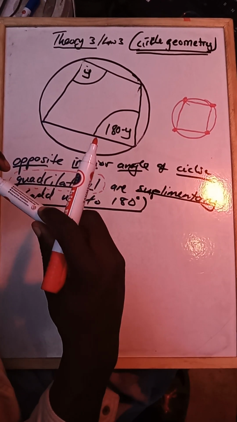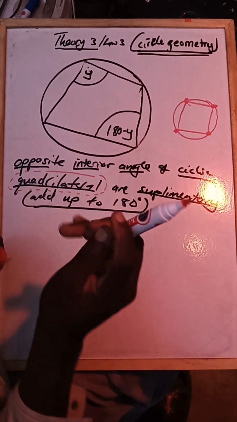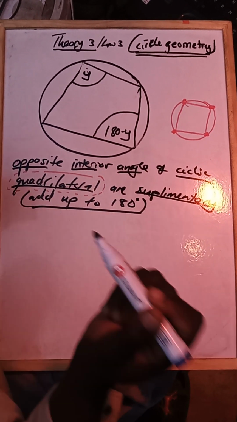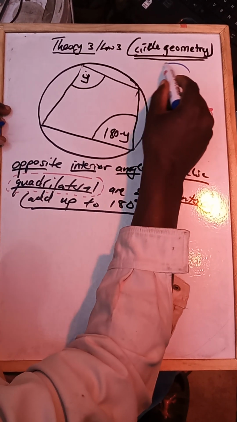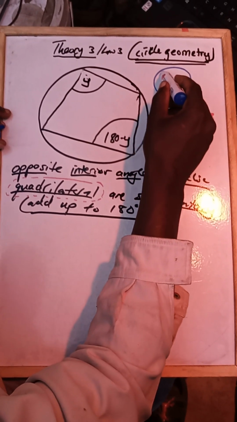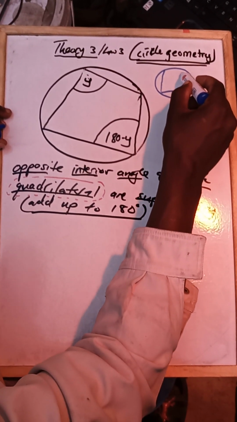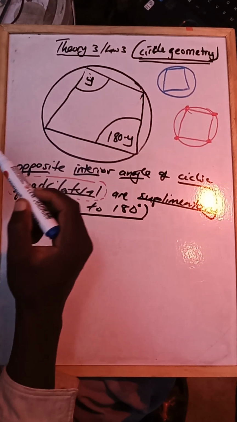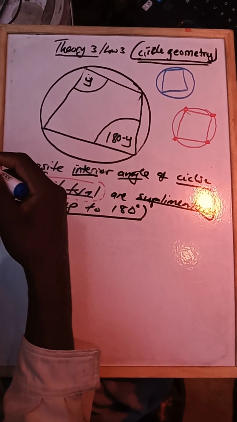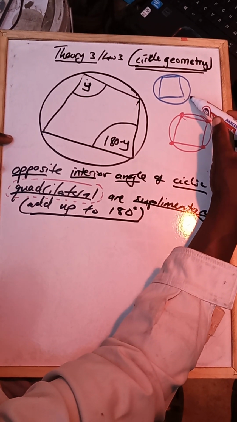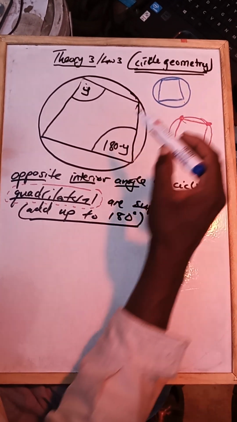Let's take an example, because one of the most common errors we make when answering this is in how it will be given. This one is not a cyclic quadrilateral, because the other corner doesn't touch the circumference.